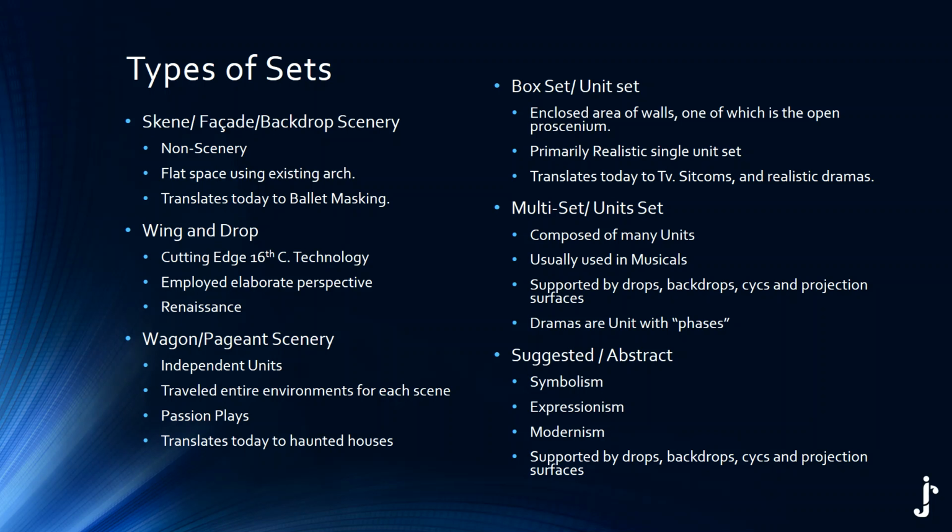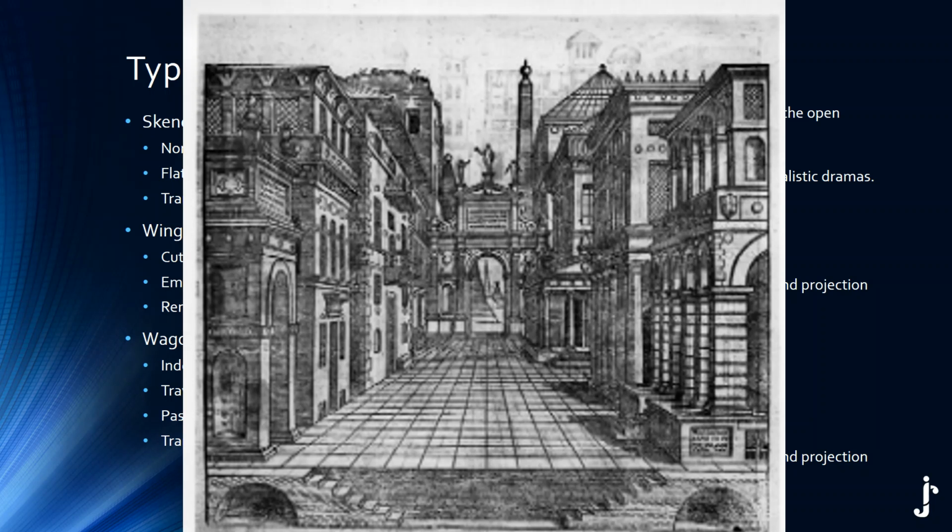Then you have wing and drop, the cutting edge 16th century technology where we're using wings and drops to create a picture. And these are much more likely to have some internal 3D things in them than maybe just that backdrop idea.